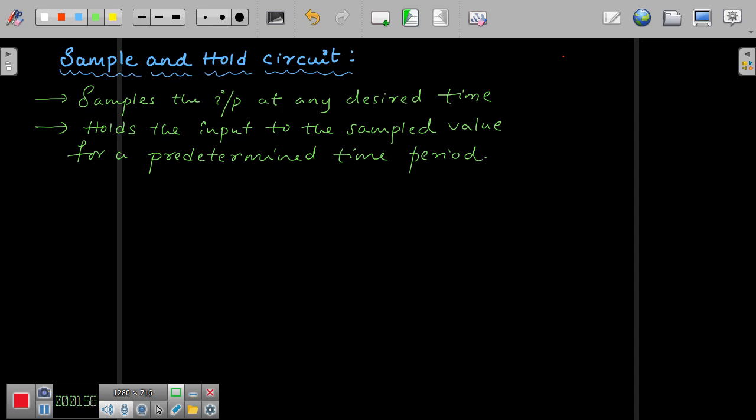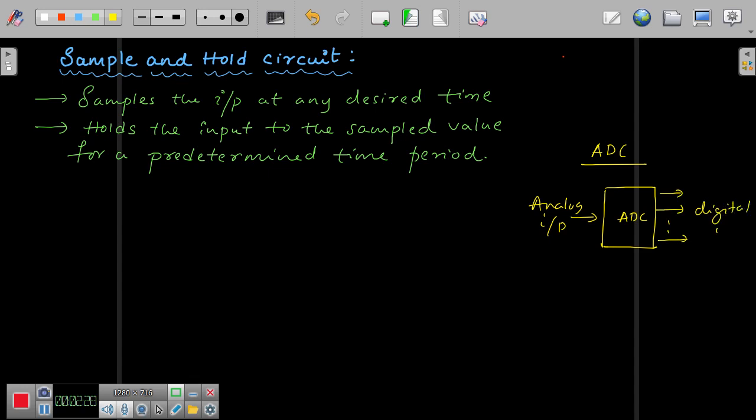Now the question is, why do we need it? One example I will give you. This you need not take. You have something called an analog to digital converter, which continuously keeps converting the analog value into its digital equivalent. Anyway, we will be studying about these things later. Here you provide analog input, and here you take the digital output in the form of bits.